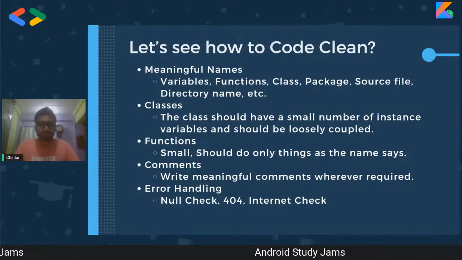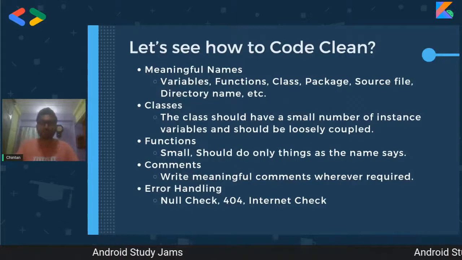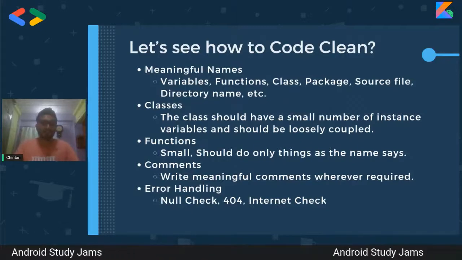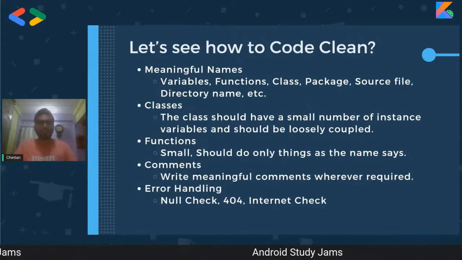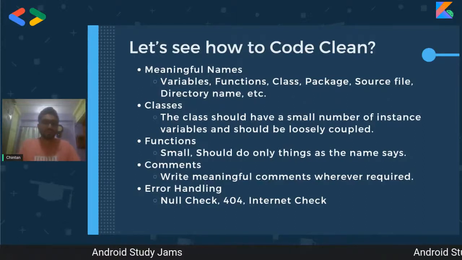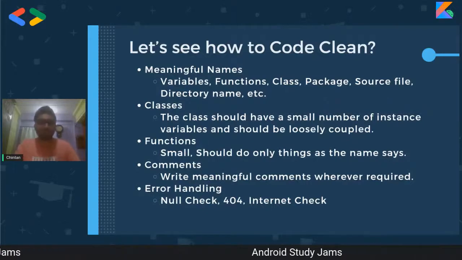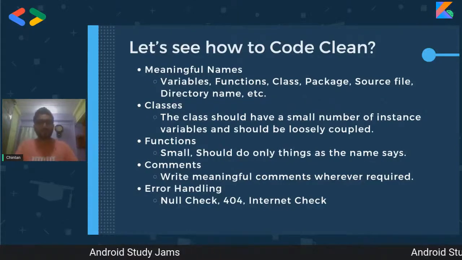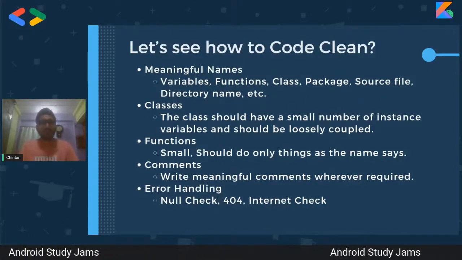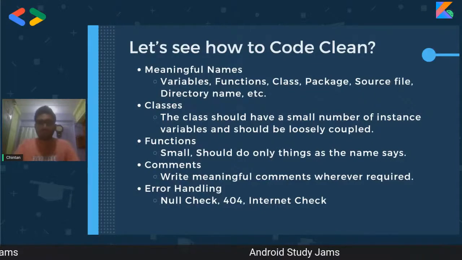This term may be difficult to understand for now, but loosely coupled means the responsibilities of classes should be more independent and should not depend on other classes. Suppose you make a class which calculates. You have two classes which pass the numbers, then you have one class which does the calculation.